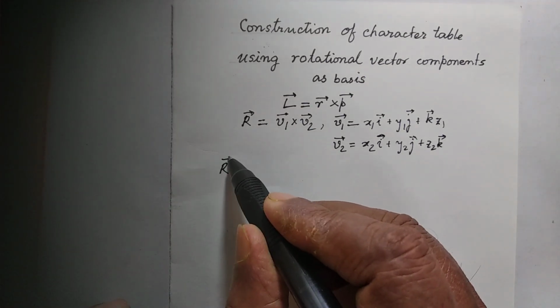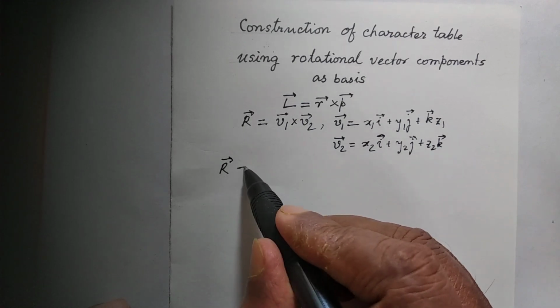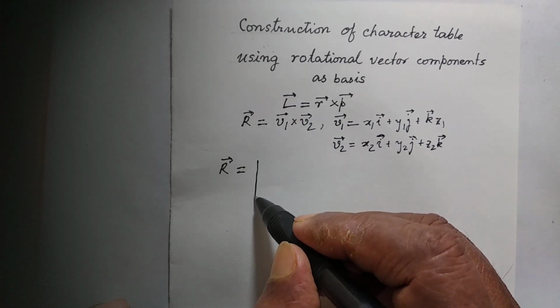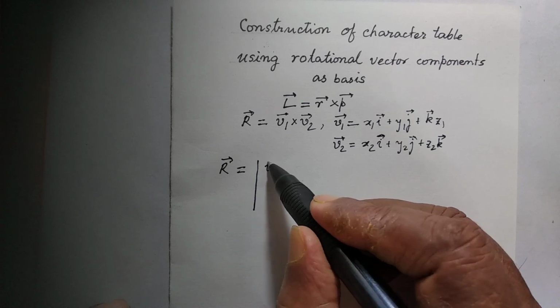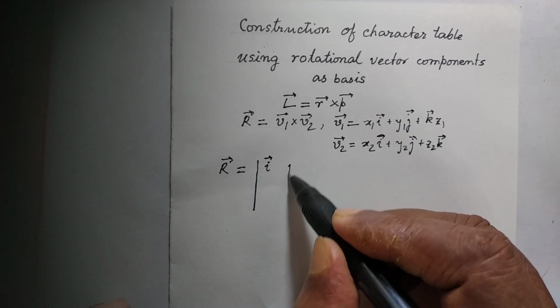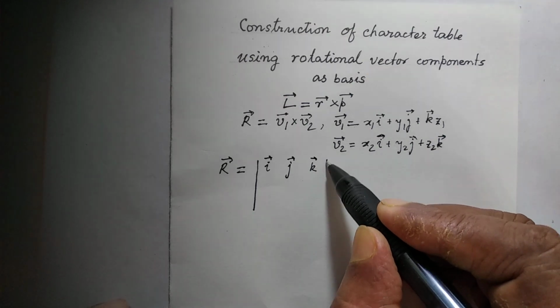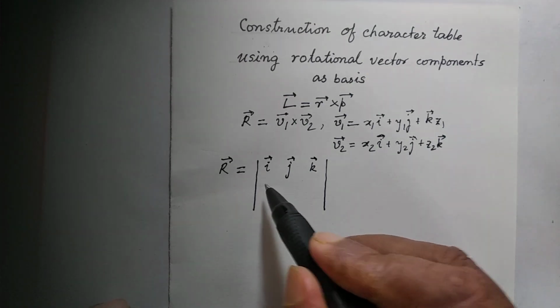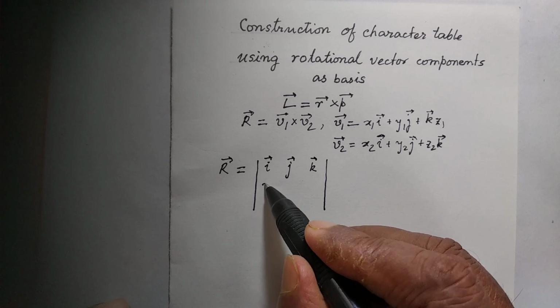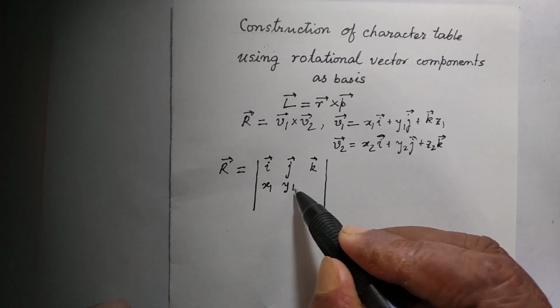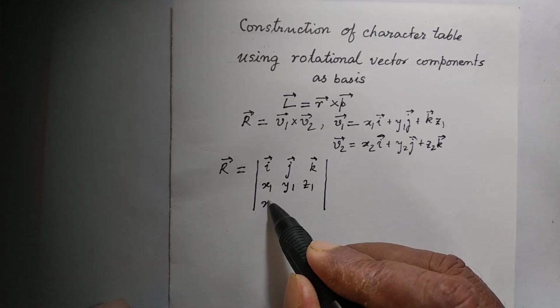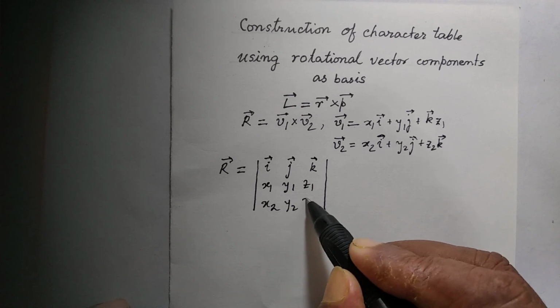R, the cross product of these two vectors, is obtained by expanding a determinant like this: i vector, j vector, k vector, then components of V1, that is x1, y1, z1, and x2, y2, z2.